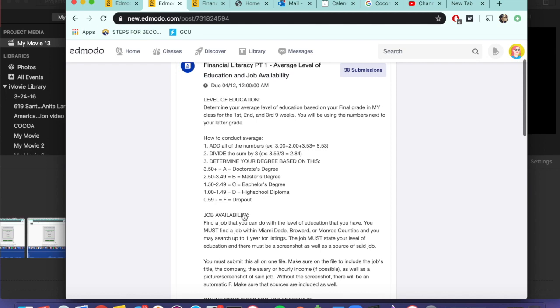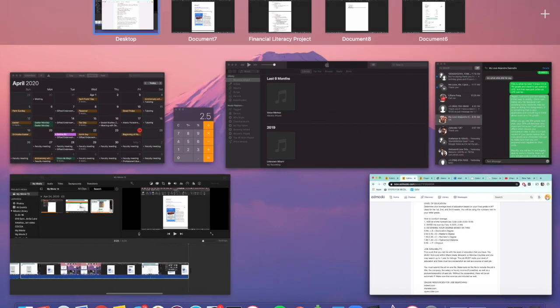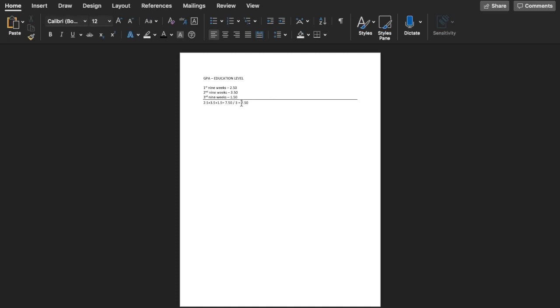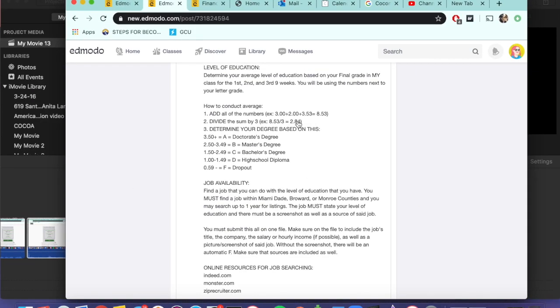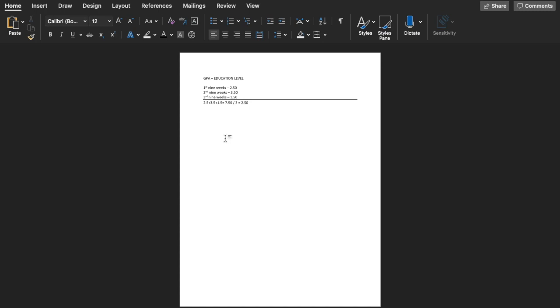Okay, so here's the score. Like I told you, I have a 2.5, so I'm going to try to match it to the instructions. It says here 2.5 to 3.49 is considered a master's degree. So we're going to write that here: level of education equals master's degree.